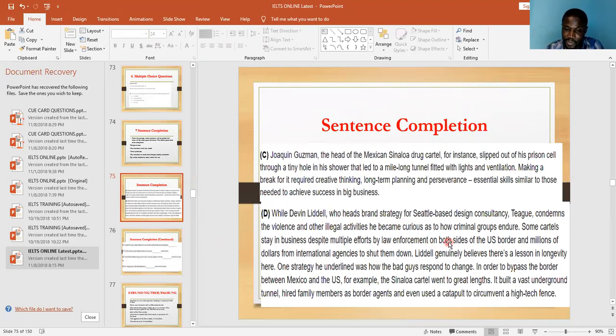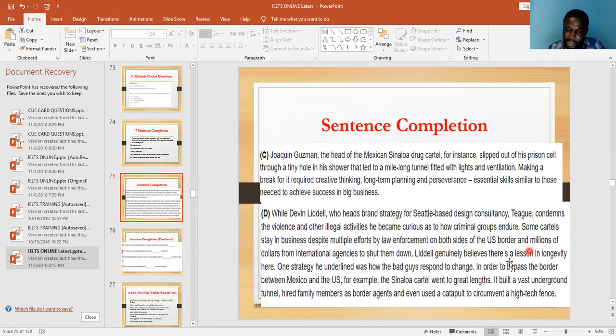Some cartels stay in business despite multiple efforts by law enforcement on both sides of the US border and millions of dollars from international agencies to shut them down. So this passage is talking about the endurance, or how cartels endure for a long time.